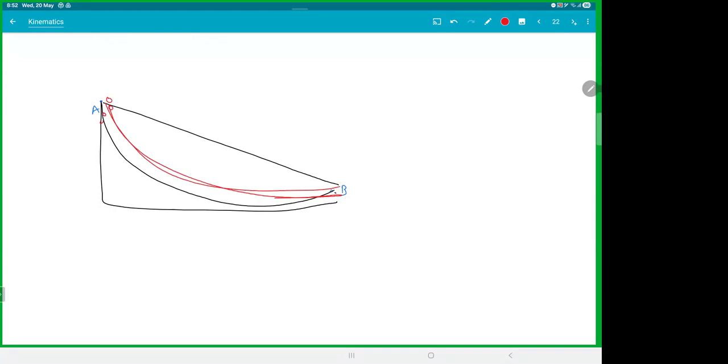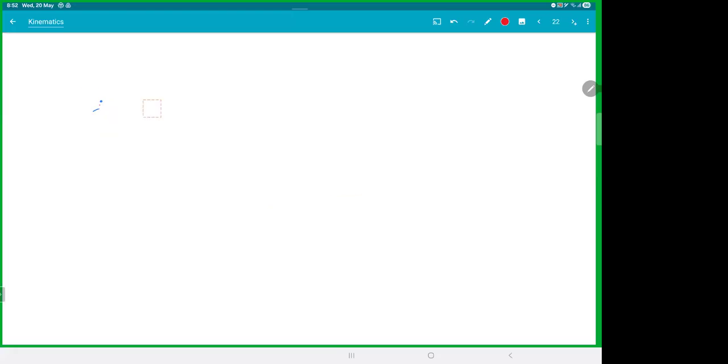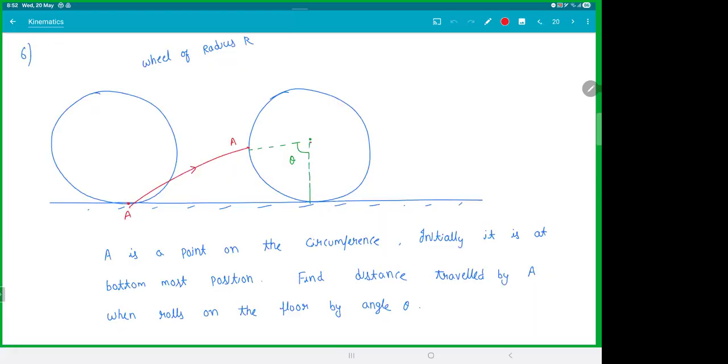So between 2 points, a cycloid will always give you the least time. That is one of the properties of a cycloid, and it's pretty interesting. Let's say tomorrow you're loading cargo into a ship; don't you want the ship to get filled up faster? So designing that like a cycloid will actually save you time.